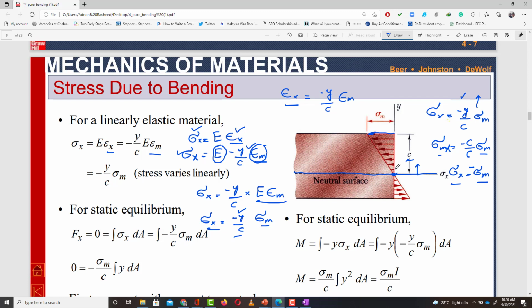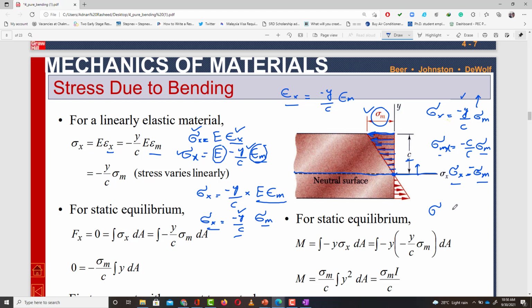You can see that stress varies linearly, increases, and is maximum at the top. This sigma m is the maximum stress, and the direction is over here, meaning it is in compression.